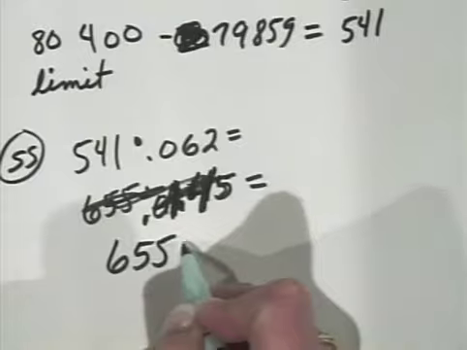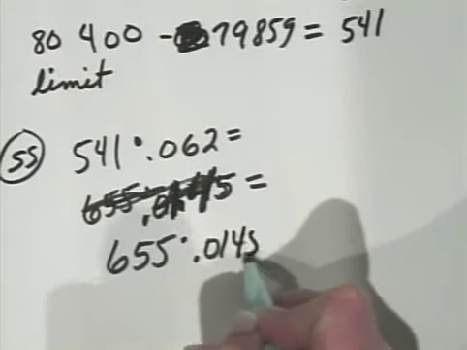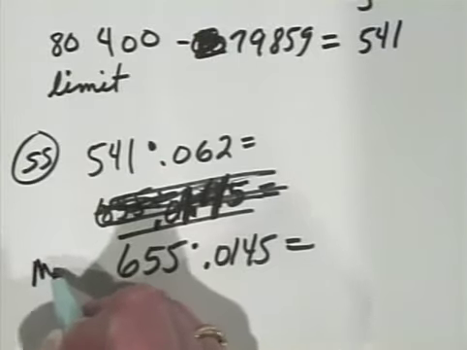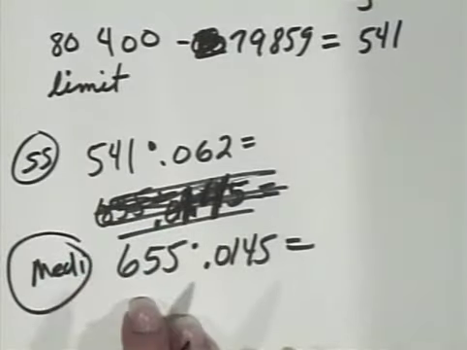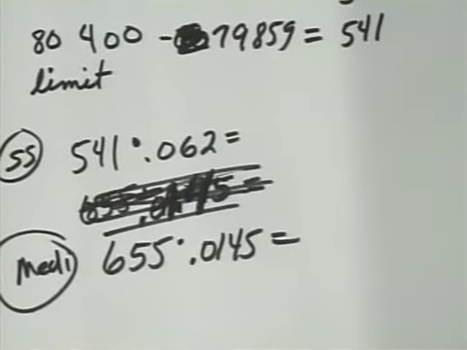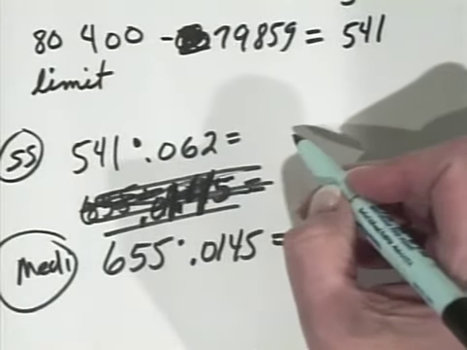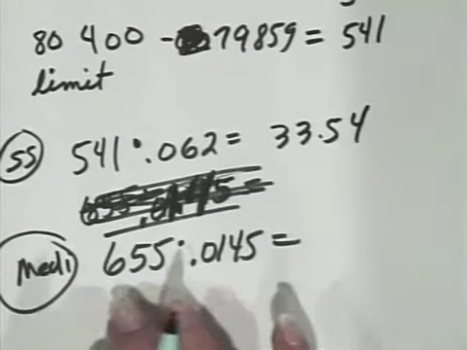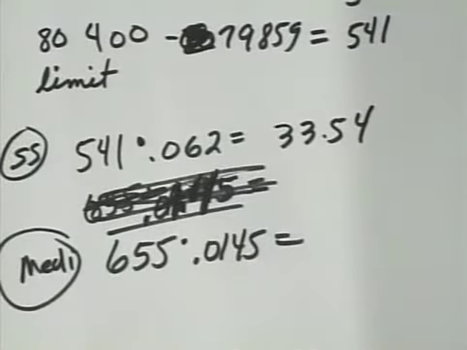I'm talking and thinking at the same time. 0.0145 equals, and this will give me my Medicare. Medicare has no limit. Social Security has a ceiling. Okay? When I get $541 times 0.062, what do I get? 54. And I'm taking the entire amount times the Medicare rate, and what do I get?